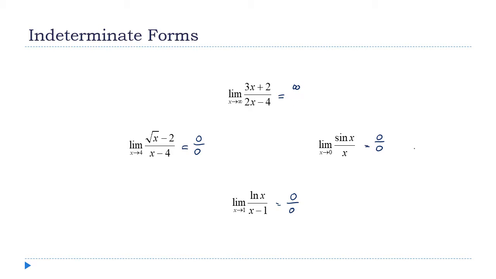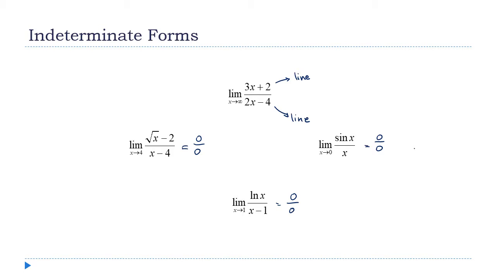To intuitively see what's coming up, look at this top limit, the infinity one. The function in the numerator is a line, changing at a fixed rate of change. And the function in the denominator is a line, also moving at a fixed rate of change.